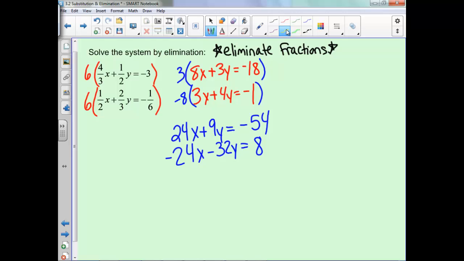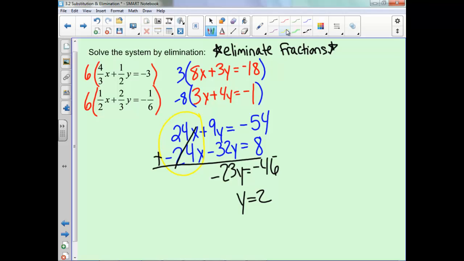Now notice our x's here are opposites, so we can go ahead and just add our equations. So our x's go away. So we'll get y is 2.